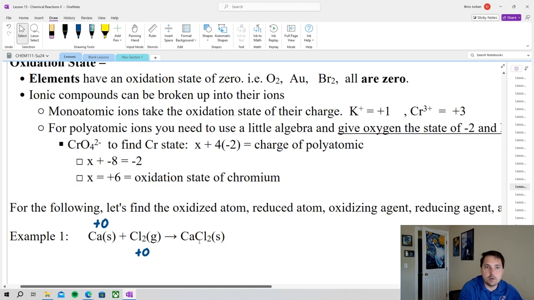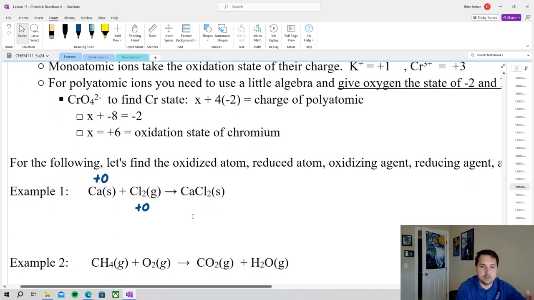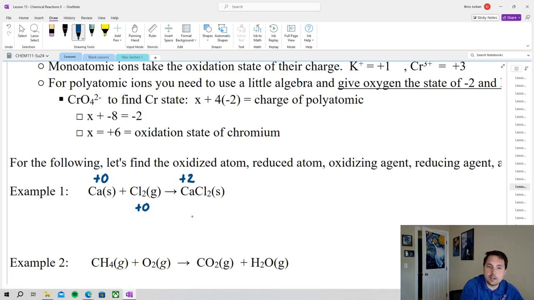And we're going to think about them as if they are their ionic forms. So calcium is Ca2+, and chlorine has a -1 charge per chlorine. So we're looking at this on a single chlorine basis. So right here we'll write -1.